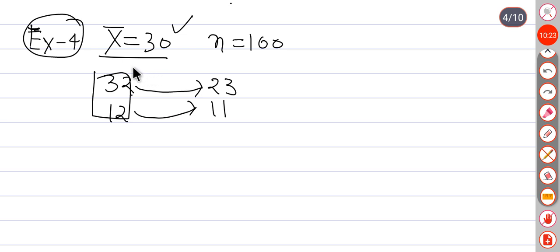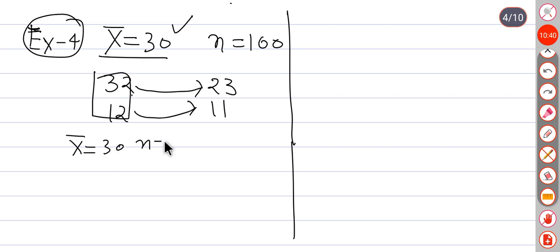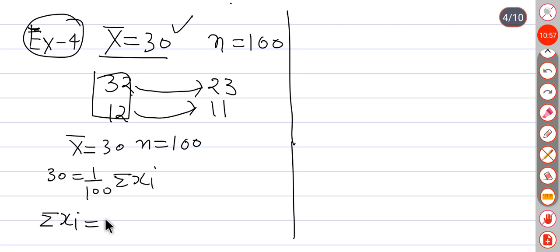So let us see. Here x bar is equal to 30 and n is equal to 100. So I can write 30 is equal to 1 upon 100 times the summation over xi's. That means the sum of the incorrect x's is 3000.